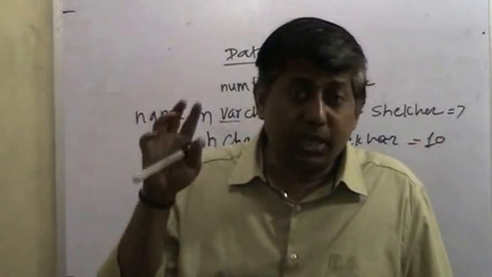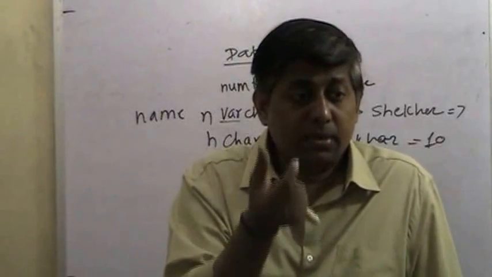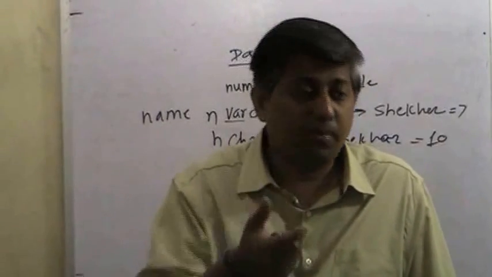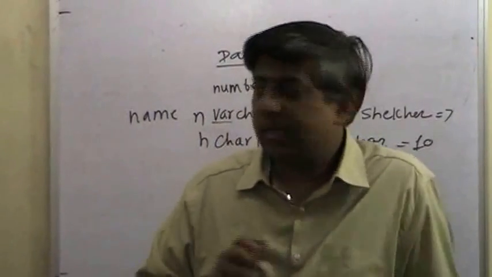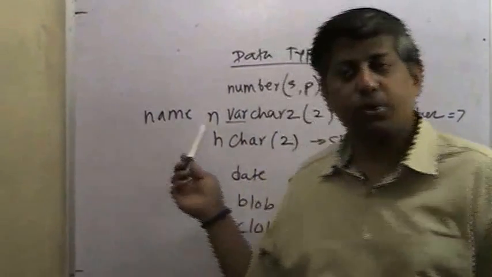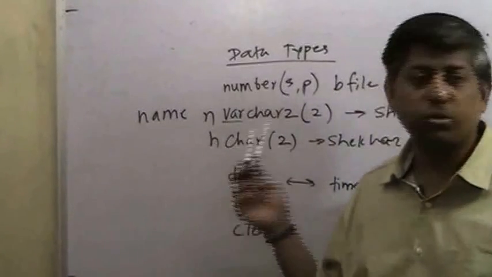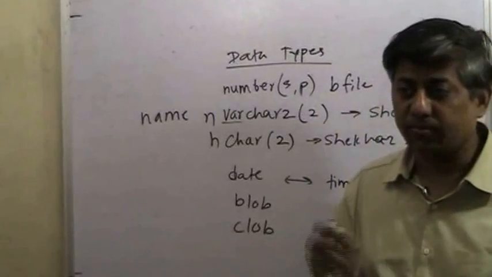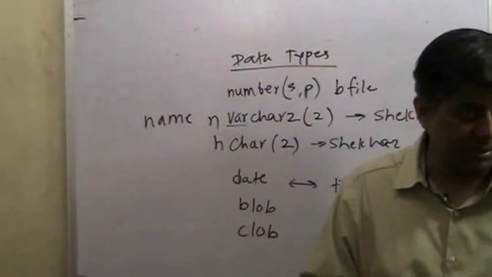But in Japanese and Chinese and other languages, one character may require 4 or 5 bytes to represent. And that's why, when you are storing that kind of data, which is probably very rare in India, then you use NVARCHAR or NCHAR for multiple-byte characters.